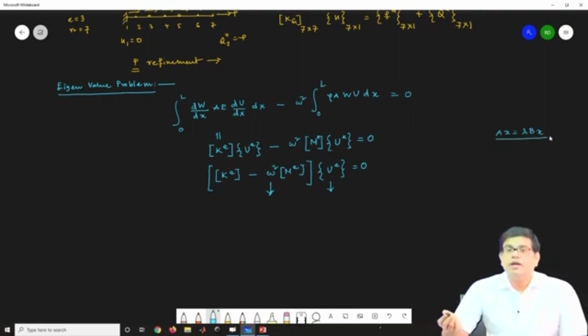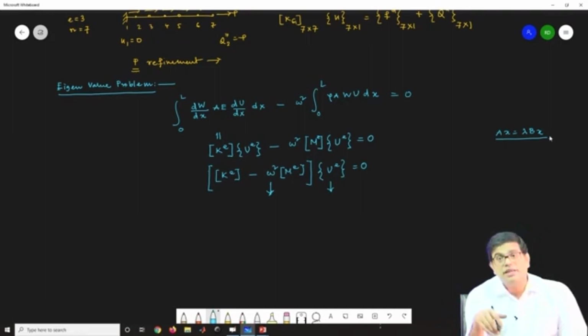How we solve an eigenvalue problem, we have discussed already: take the determinant of it and make it 0. So the characteristic polynomial I make 0, and I get the number of roots based on the order of the characteristic polynomial. Similarly here, in a finite element discretization, I will get the number of roots based on the number of nodal points or the number of discretizations I consider in the system.